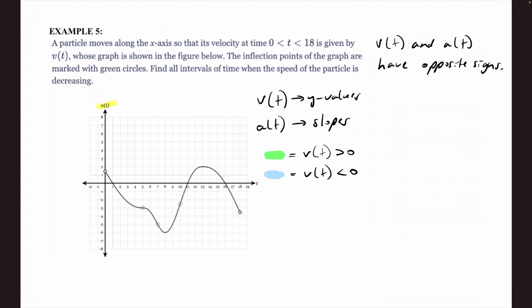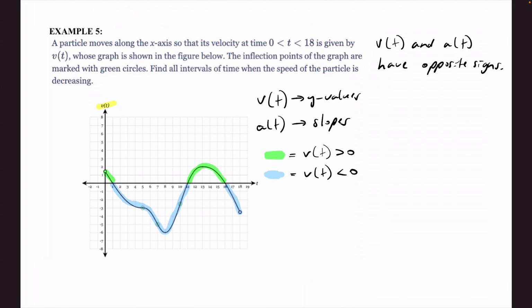It's going to be green or blue. At the very beginning, velocity's positive, like 1. And then it switches, right? The y values switch. And then it becomes positive for a little bit, and then it goes back to negative, right? So now we know where velocity is positive and where velocity is negative.